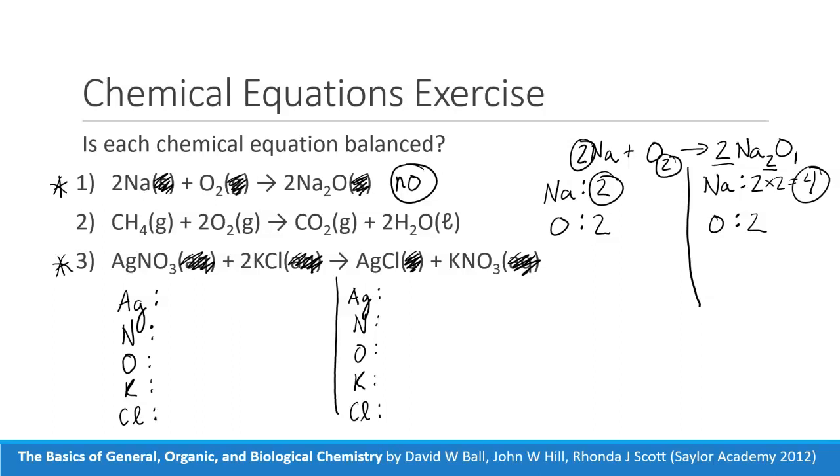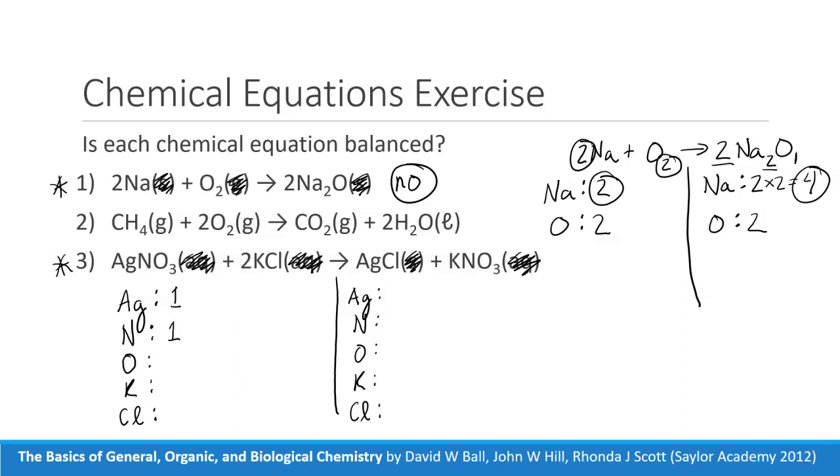Now on the reactant side, there's no coefficient in front of that compound, so it's assumed to be a 1, and there's no subscript next to that silver. So we have 1 silver atom on the reactant side. Nitrogen, same way, there's still nothing in front of it, and there's no subscript next to the nitrogen, so that's a 1.